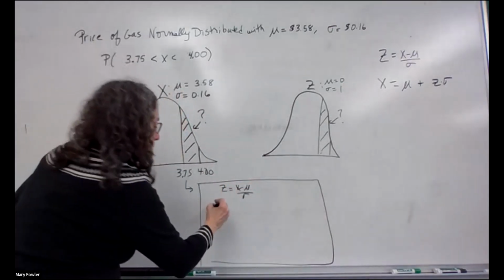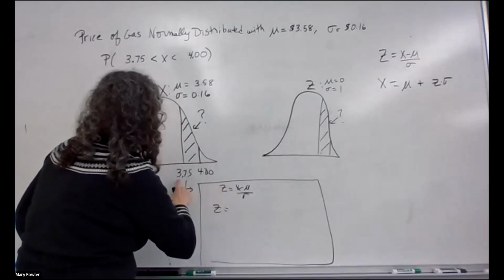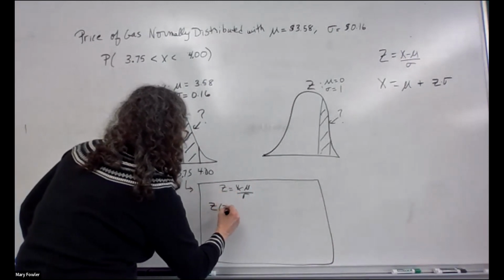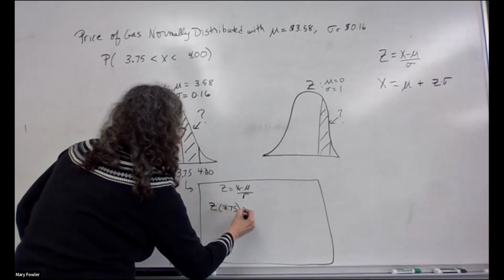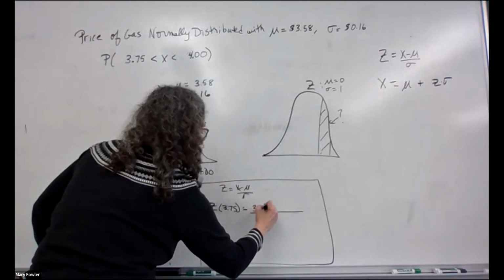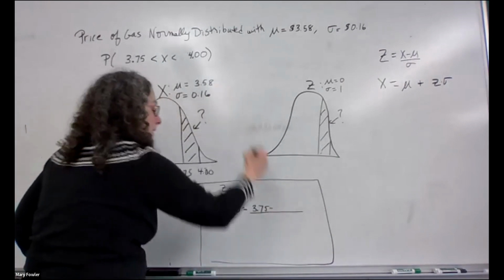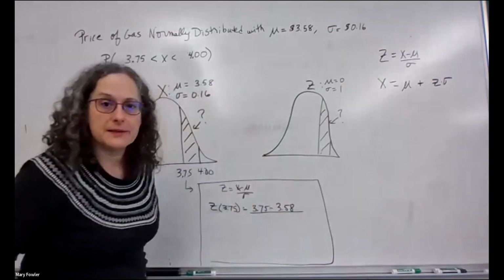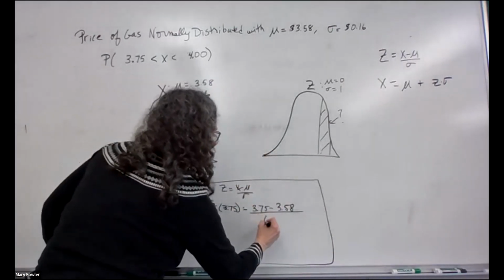All right, and substitute in. So Z of $3.75 is equal to X, which is 3.75, minus mu, which is $3.58, divided by sigma, which is 0.16.